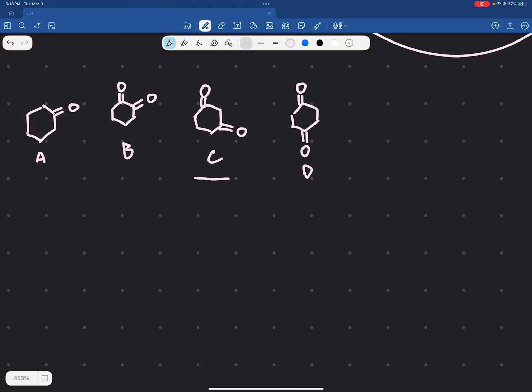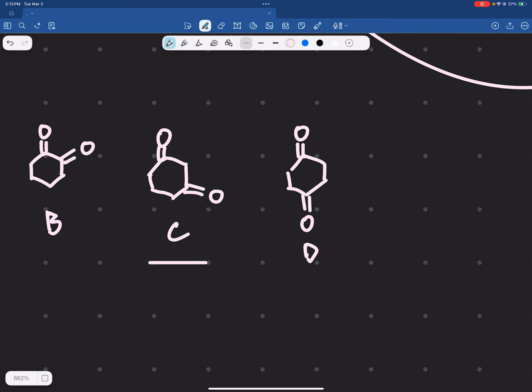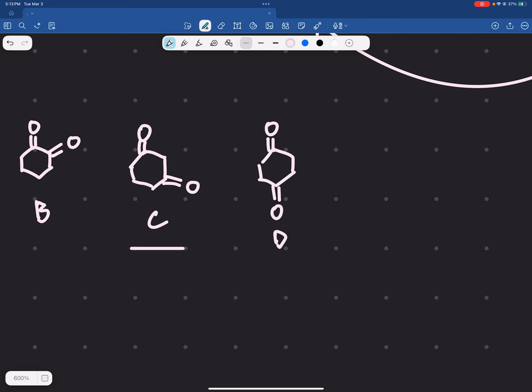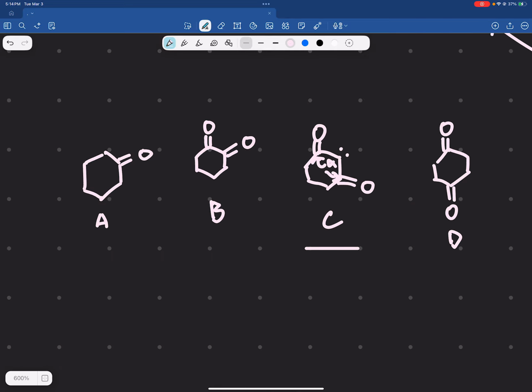So it's going to be compound C, because in order for our compound to be most acidic, the enolate formation can be stabilized by either oxygen from the alpha carbon. So it can be stabilized by that oxygen or that oxygen.